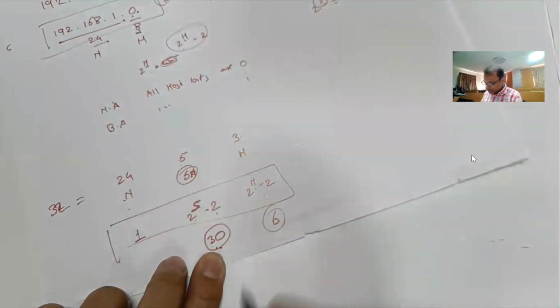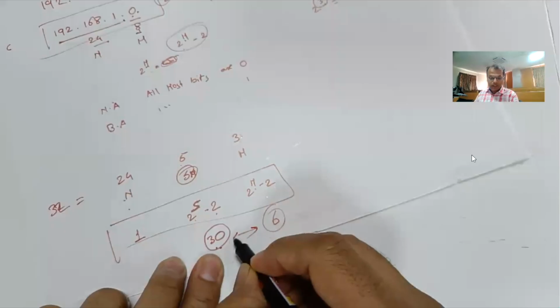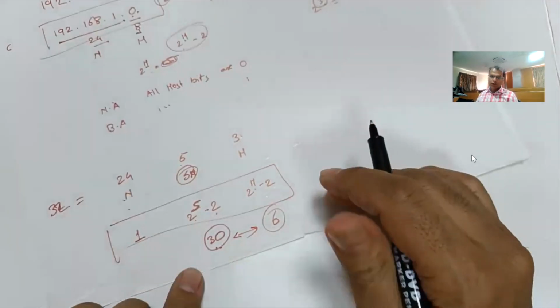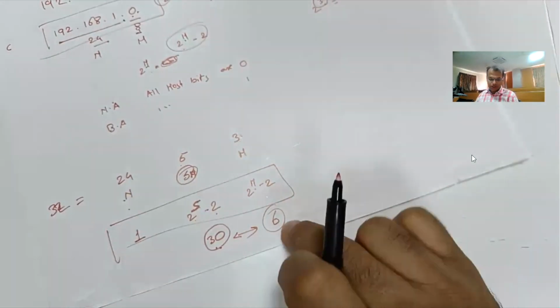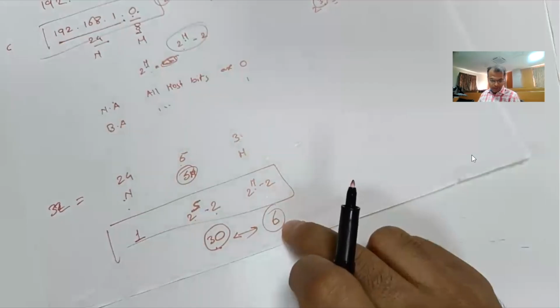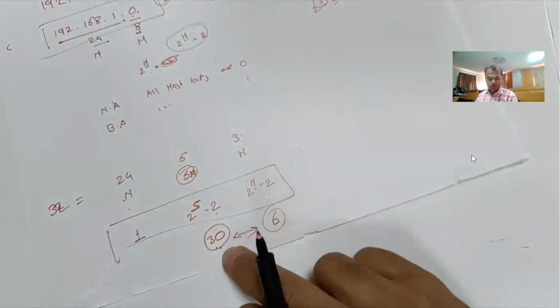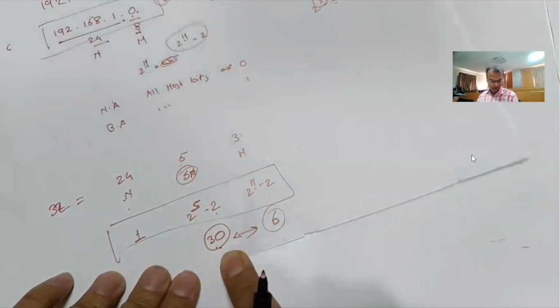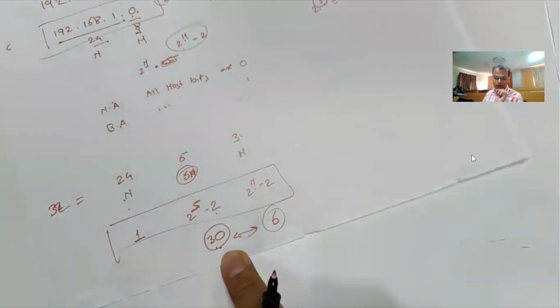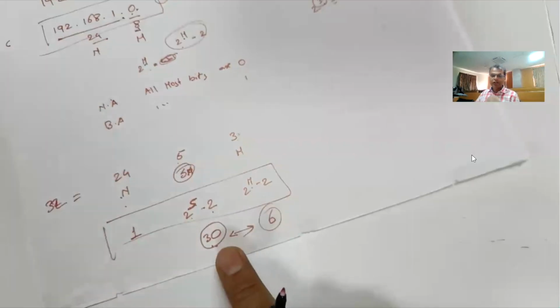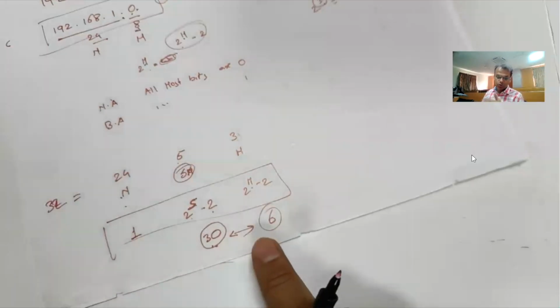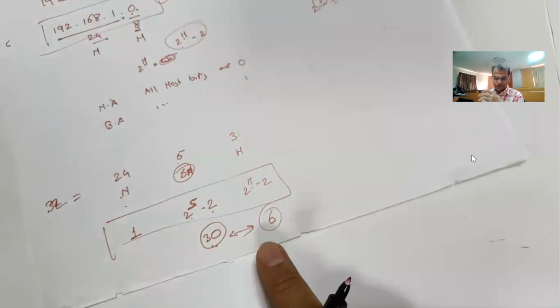So this is the scheme. If you want only 6 machines per department, you can have 30 such departments. This is the sample scheme that I have just discussed. Depending on the requirement, you can choose the scheme.